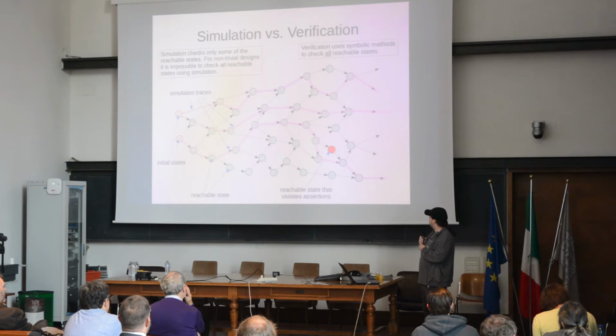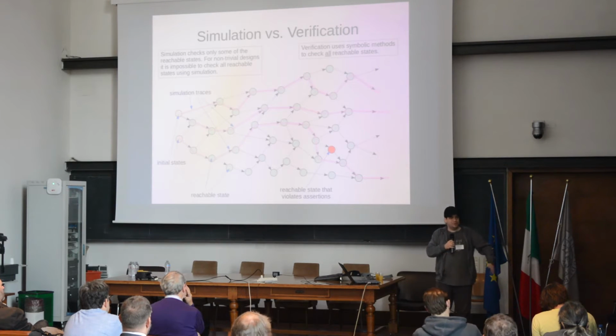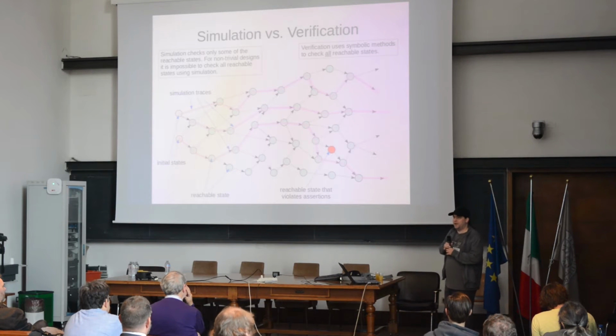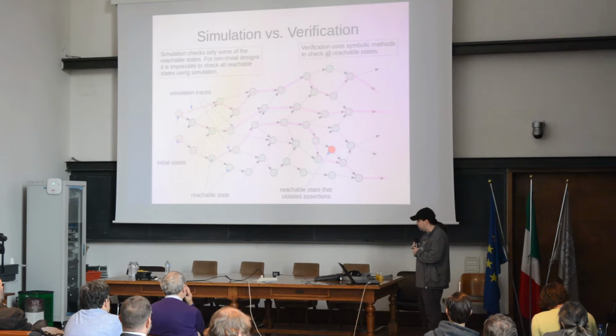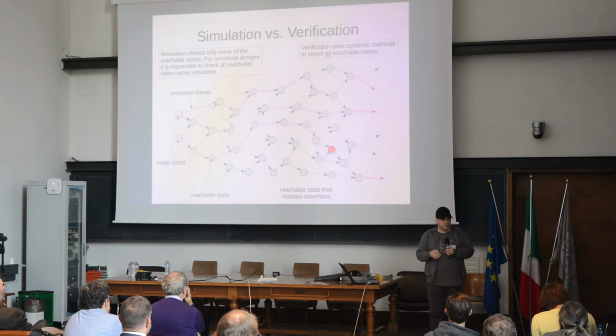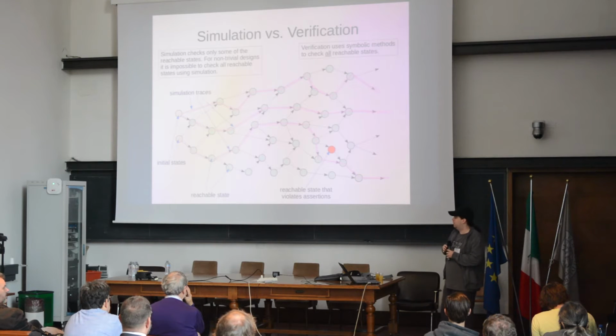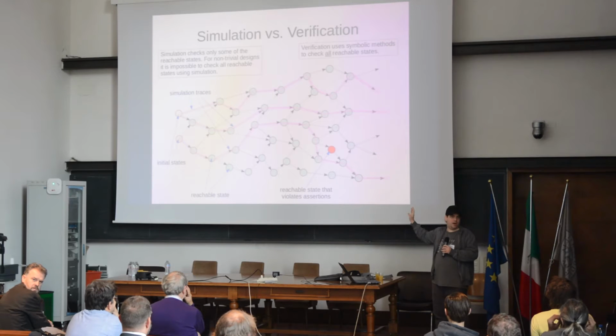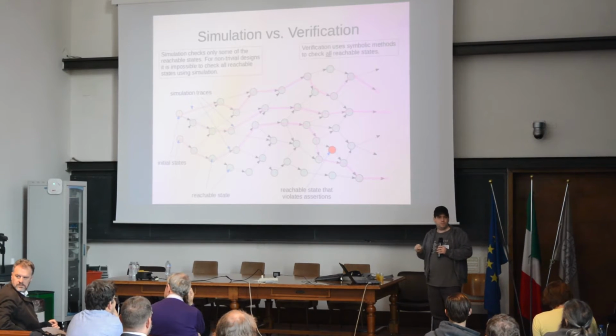So that's not really the way to go, to simulate over and over again, if I really would like to make sure that my assertions are never violated. However, formal verification uses symbolic methods, static execution, or whatever you would like to call it, to evaluate the entire graph, not just sample one specific trace.